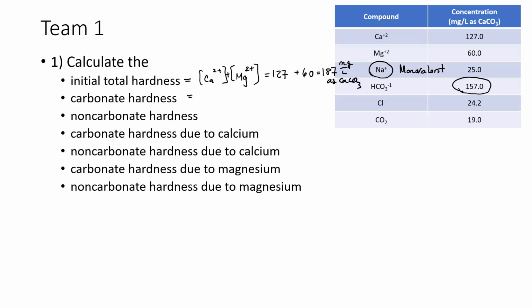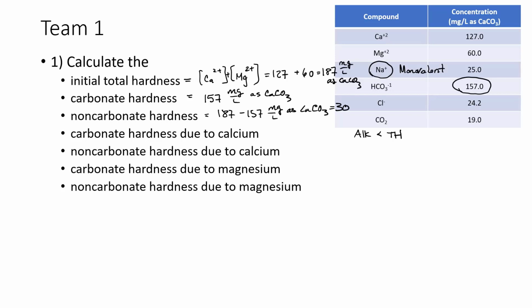So there's 157 milligrams per liter as calcium carbonate. So because alkalinity is less than the total hardness, then the carbonate hardness is equal to the alkalinity. The non-carbonate hardness is the difference. So that's equal to 30.